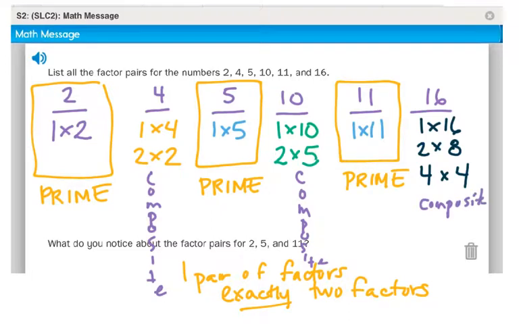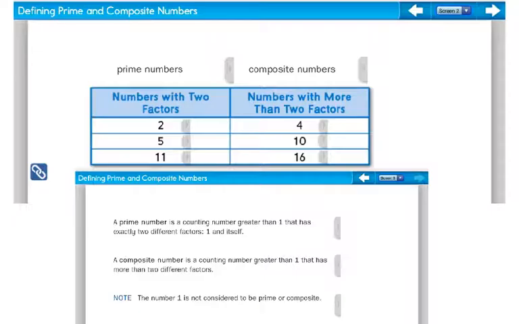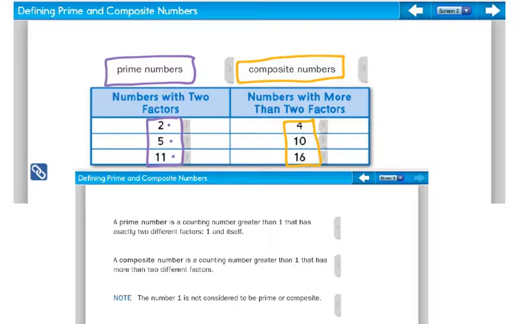So that's what we're learning about today in our lesson. Just a reminder that the numbers with two factors on our previous screen were 2, 5, and 11. Those are called prime numbers. The other numbers were 4, 10, and 16, and they had more than two factors, and they're called composite.